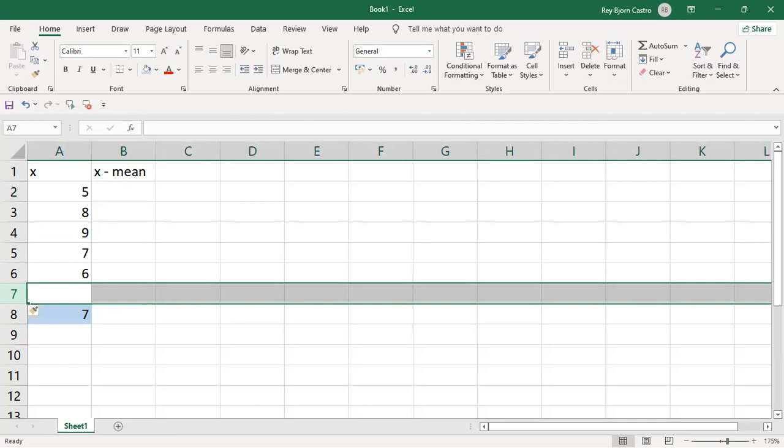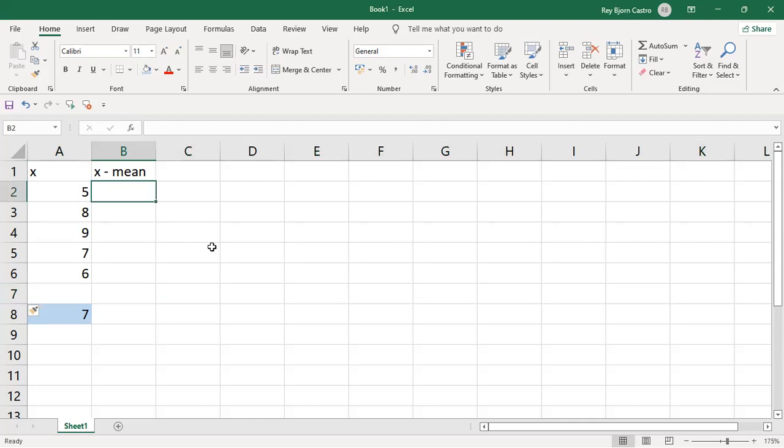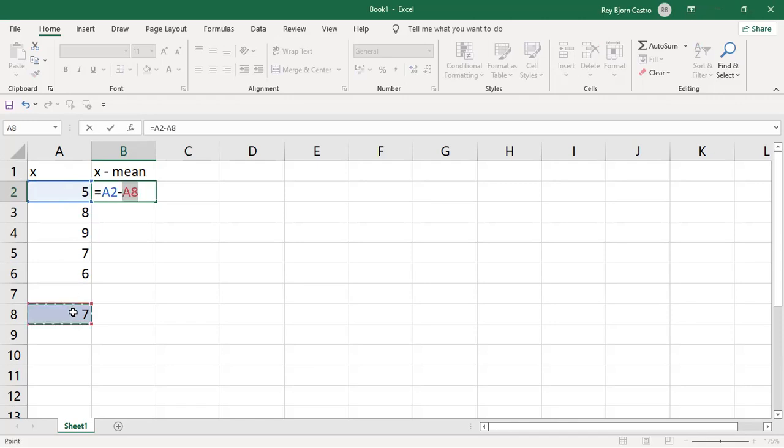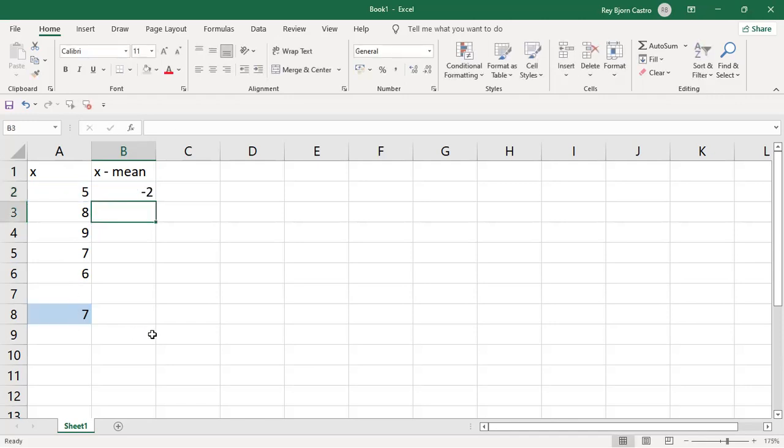Tingnan nga natin. Okay, so equals 5 minus the mean. Okay, so tingnan natin. So -2, 1, 2, 0, 1. So tama si Robles.